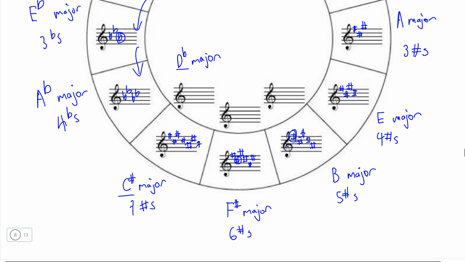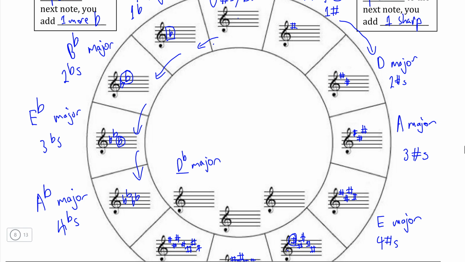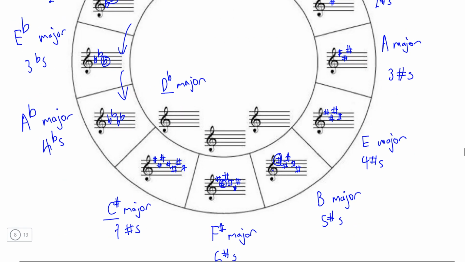But we see with the bottom of the circle of fifths here, there are 2 different ways to write each of the scales. For example, instead of writing C sharp major as 7 sharps, we could write it as D flat major, which is 1, 2, 3, 4, 5 perfect fifths down from C major, and therefore D flat major is going to have 5 flats: B flat, E flat, A flat, D flat, and G flat.